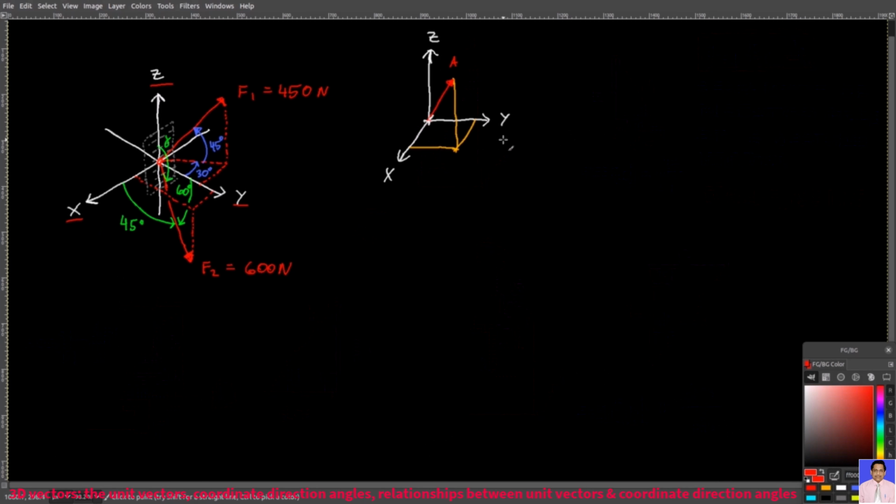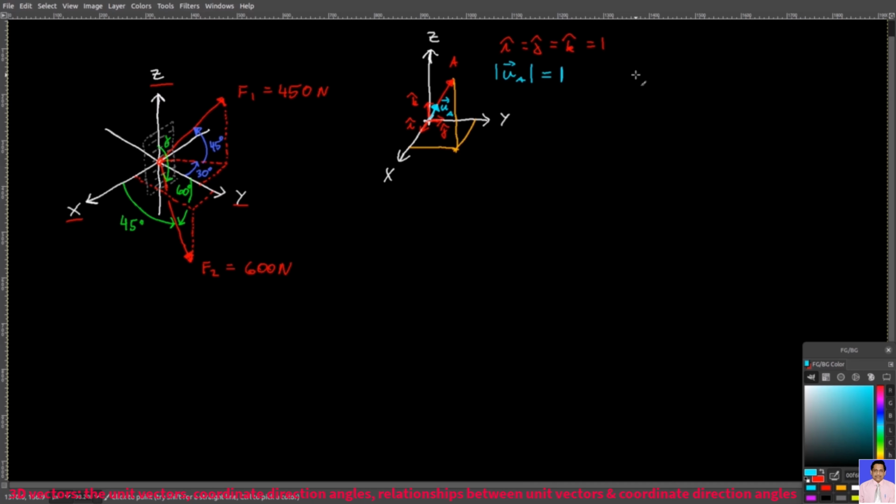Then in addition, in 3D, next to your three Cartesian unit vectors, you also have a general unit vector that points in the direction of this A vector, and that is called UA. Just like the magnitudes of i, j, k equal 1, also the magnitude of this unit vector in the A direction is also 1.